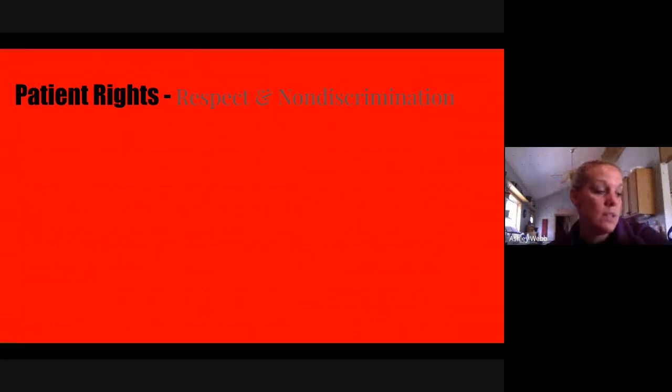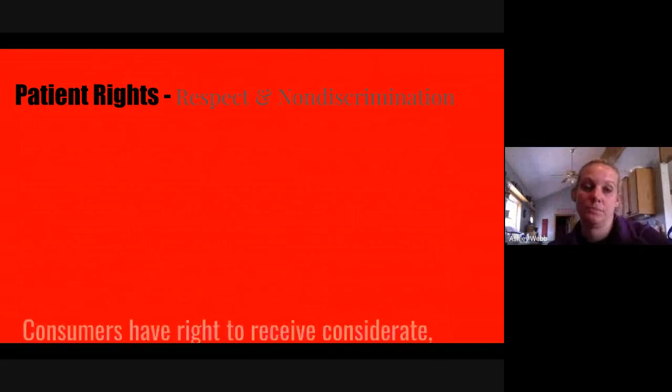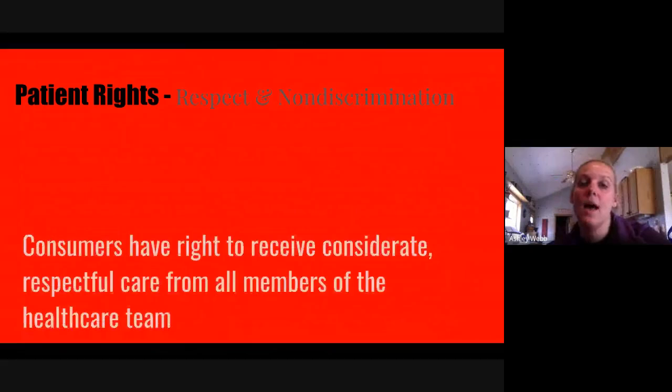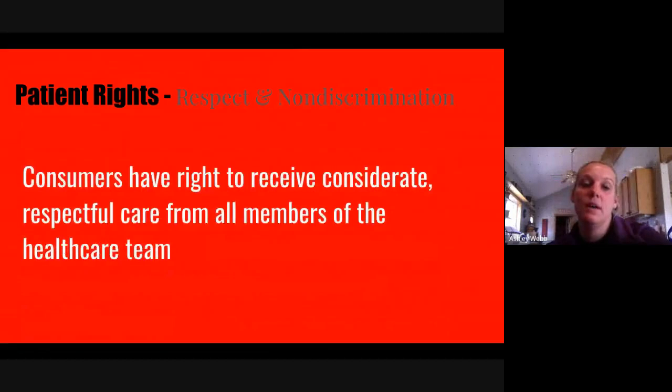The next one, the fifth one, is respect and non-discrimination. So this is simply having the right to receive good quality, respectful care from all members of the healthcare team. Sometimes it can be a little difficult because we might have a patient that doesn't speak any English.